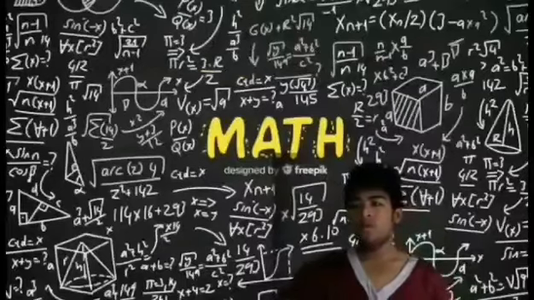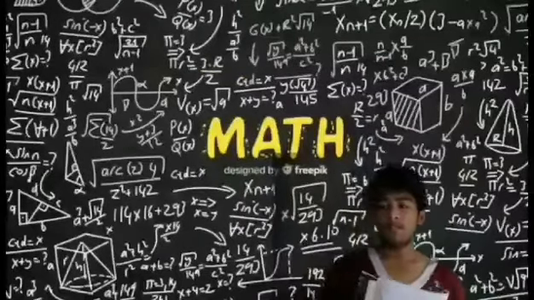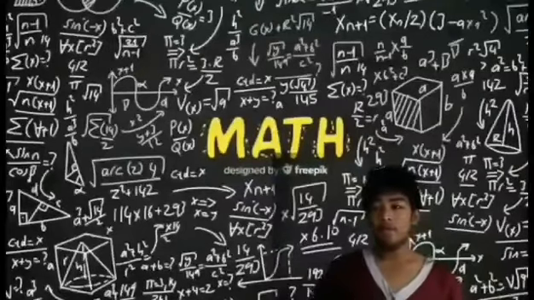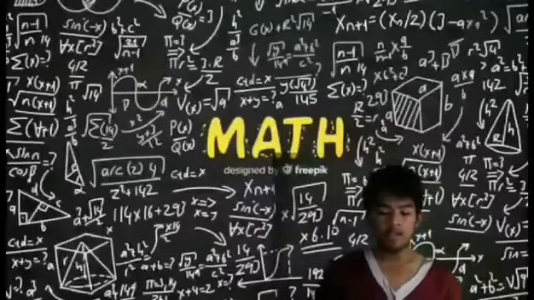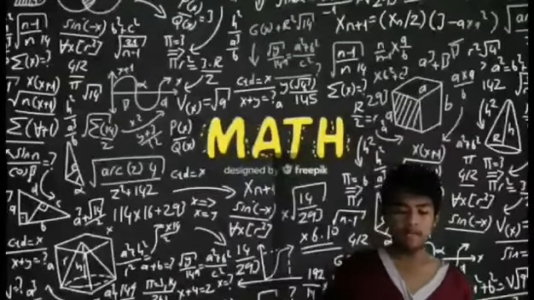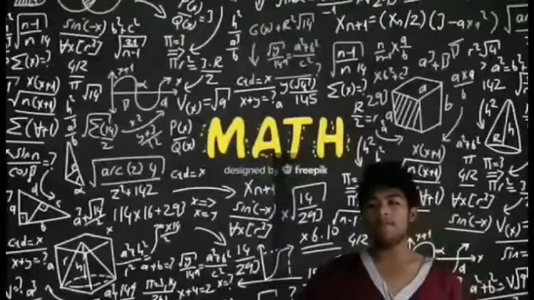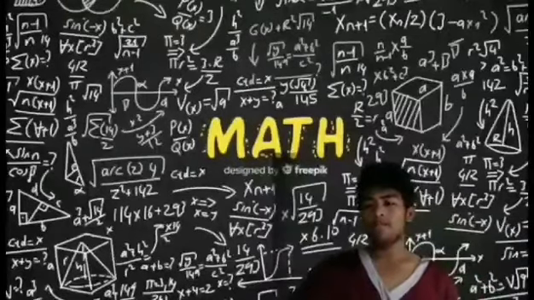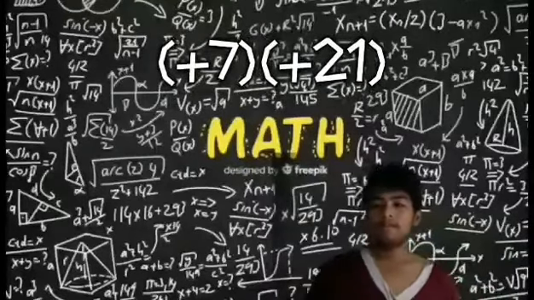So, when the product of the factors equals 0, at least one of the factors is 0. So we will change the signs of negative 7 and negative 21 to their opposites. It should become positive 7 and positive 21.